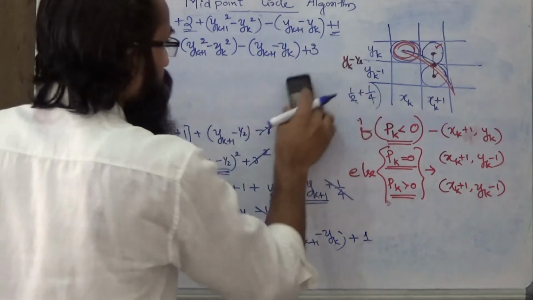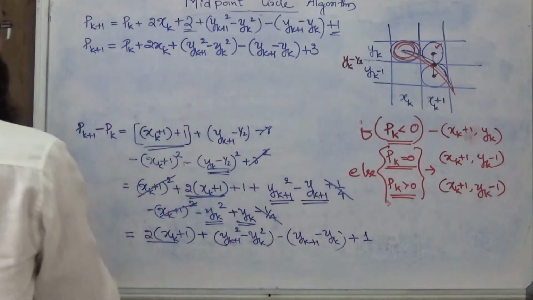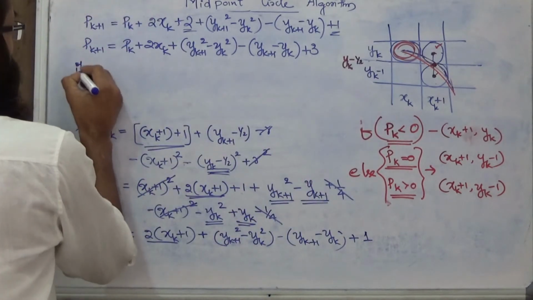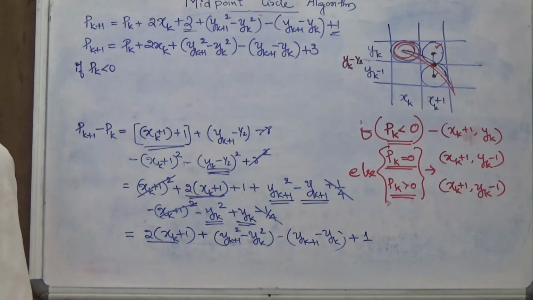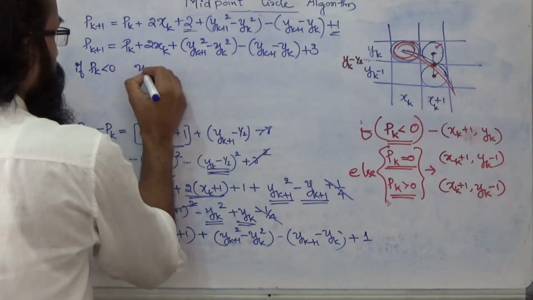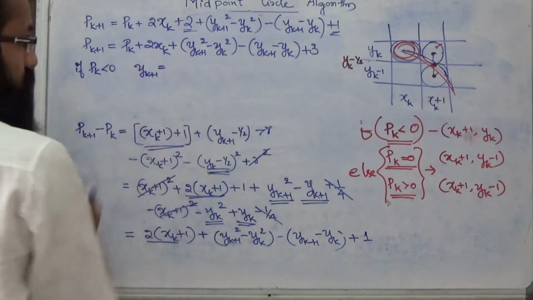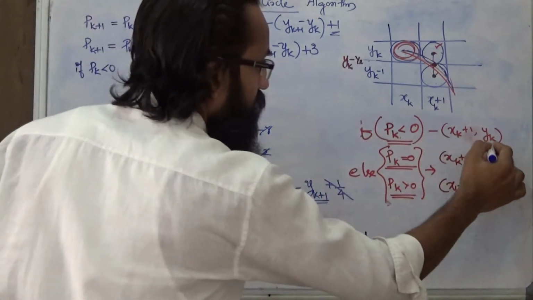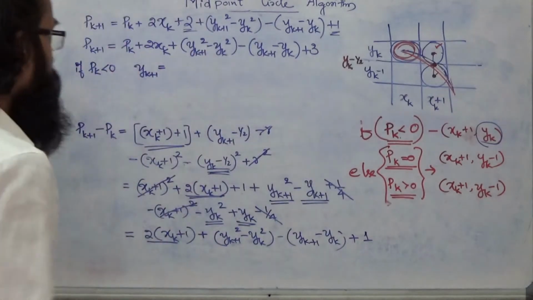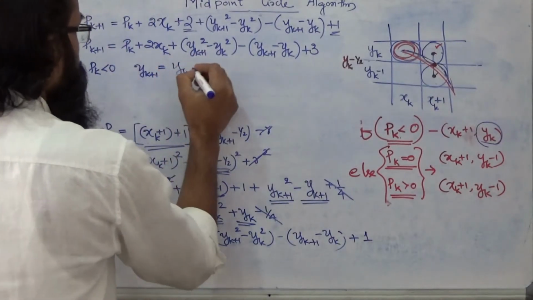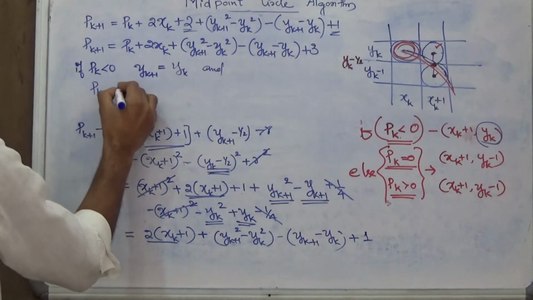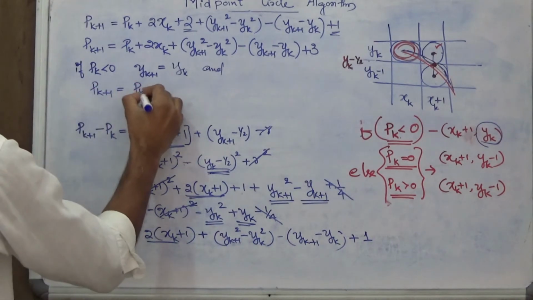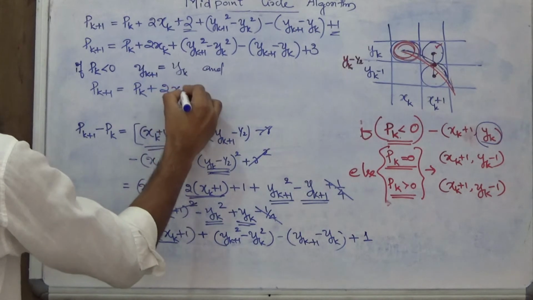Now if pk is less than 0, what is yk+1? If pk is less than 0, the next y value will be yk, and what is the next decision parameter? pk+1 will be equal to pk plus 2xk.